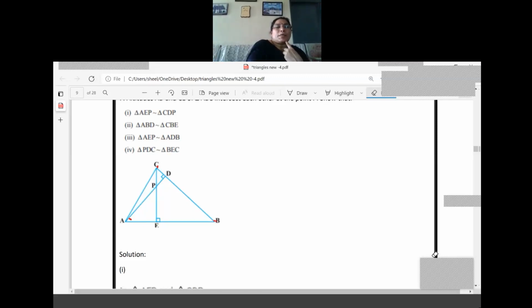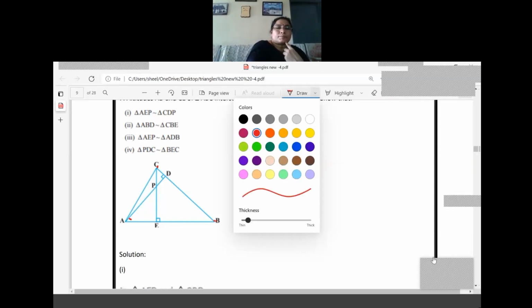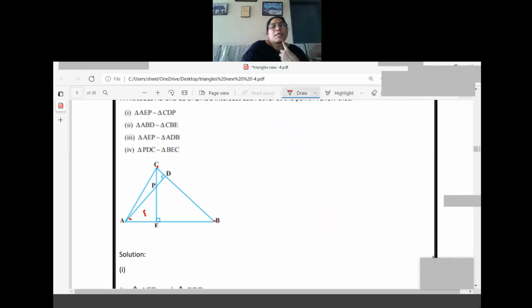AEP means E is the 90 degree angle. ADB means angle D is the 90 degree angle. AEP is a part of ADB only, right? Now what is the common angle there, in AEP as well as ADB?